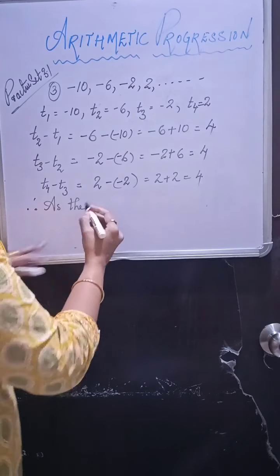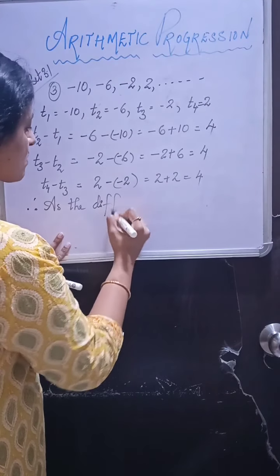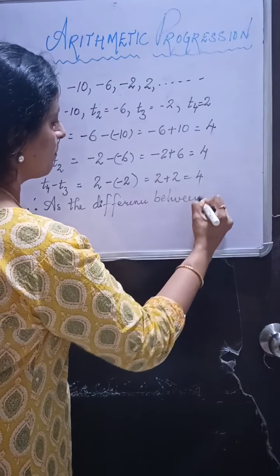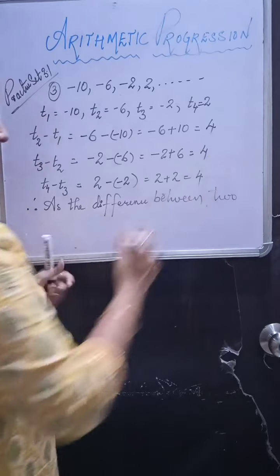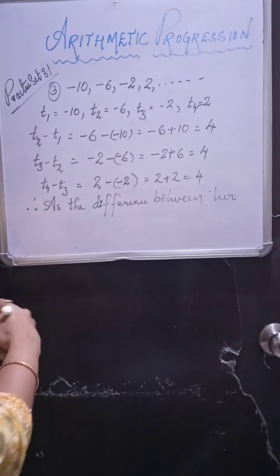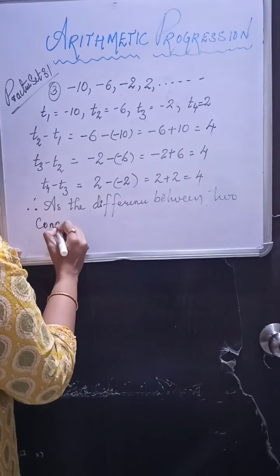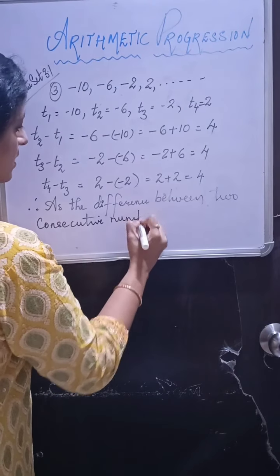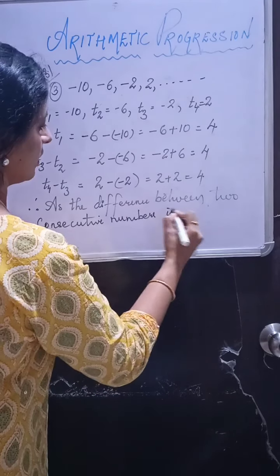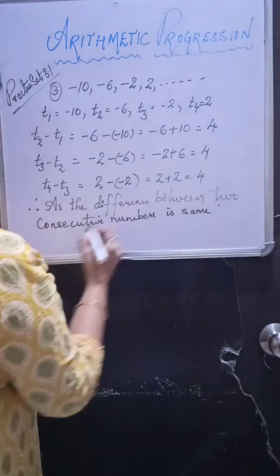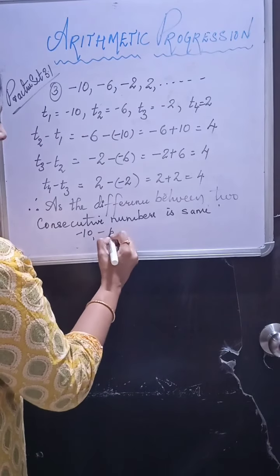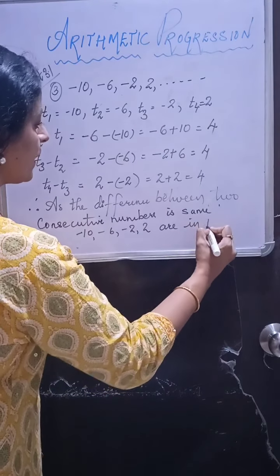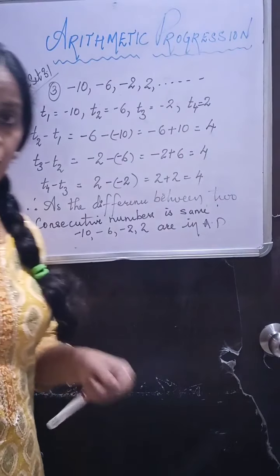Therefore, as the difference between two consecutive numbers is the same, minus 10, minus 6, minus 2, 2 are in AP, in arithmetic progression.